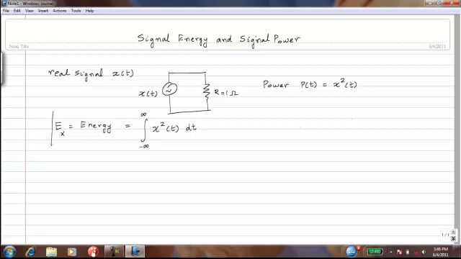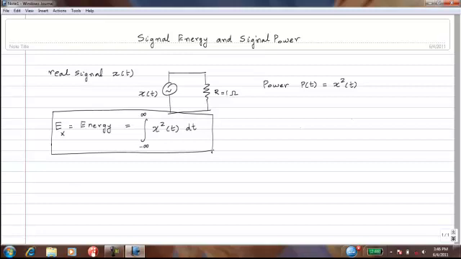Our definition of energy associated with the signal is simply the integral from negative infinity to plus infinity of x squared of t dt. From now on it will be useful for you to abstract the notion of energy and not have to think about x being a voltage signal. x does not have to be a voltage signal, it could be anything we can think of.